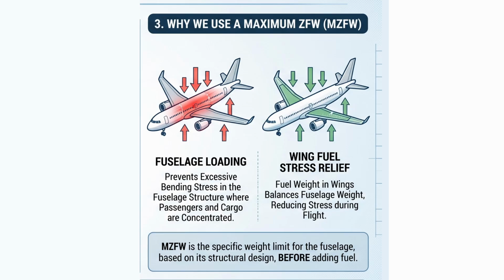Because of this, manufacturers give us a strict structural limit called maximum zero fuel weight, also known as MZFW, Mike Zulu Foxtrot Whiskey. This is the absolute maximum weight you can cram into the cabin and cargo holds before you pump a single drop of fuel into the aircraft.